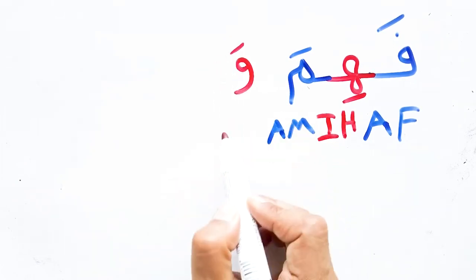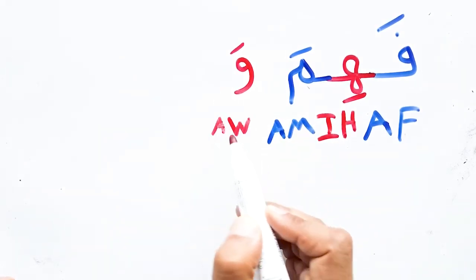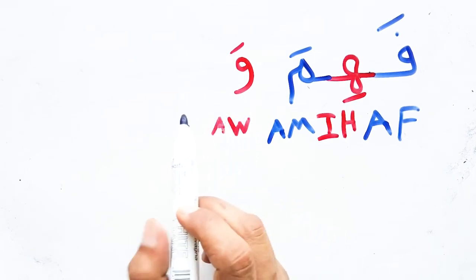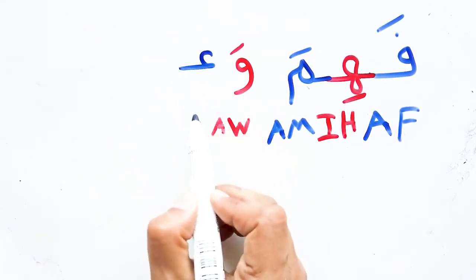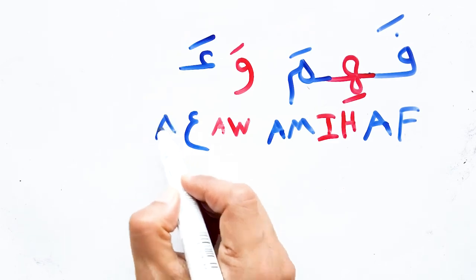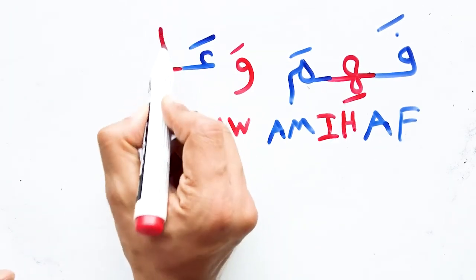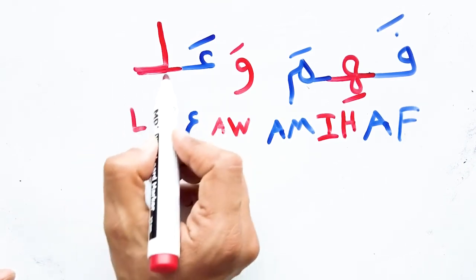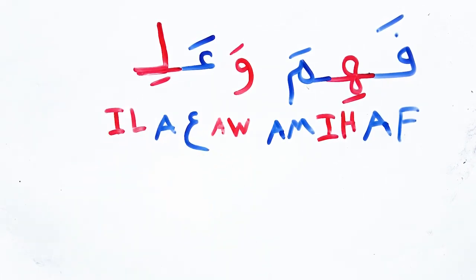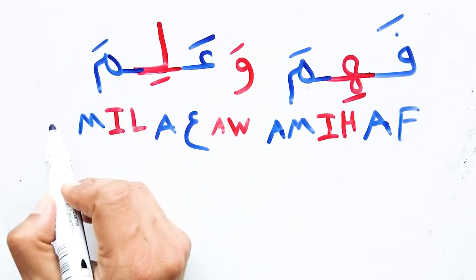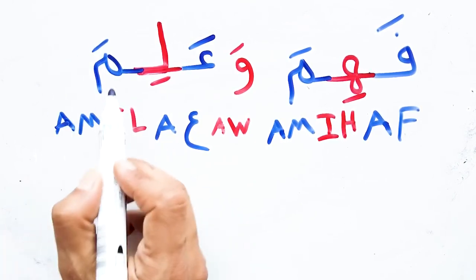Wa. The same one that we wrote in the previous word, the previous sentence, I'm sorry. Wa. Alima. This letter doesn't have its sound in English. Let's put it as it is. With fatha sounds like A. The sound of L with kasra sounds like I. And finally we have the sound of M with fatha, it will be ma.